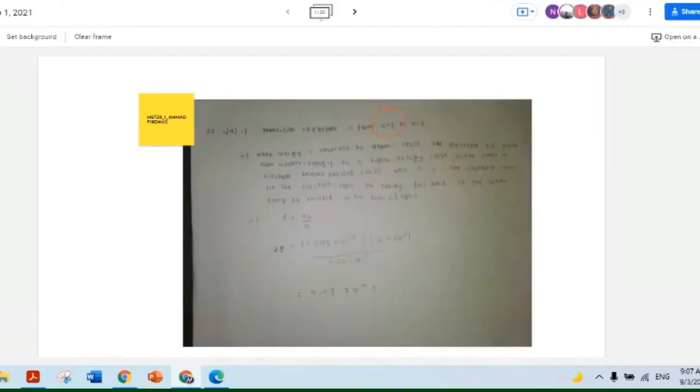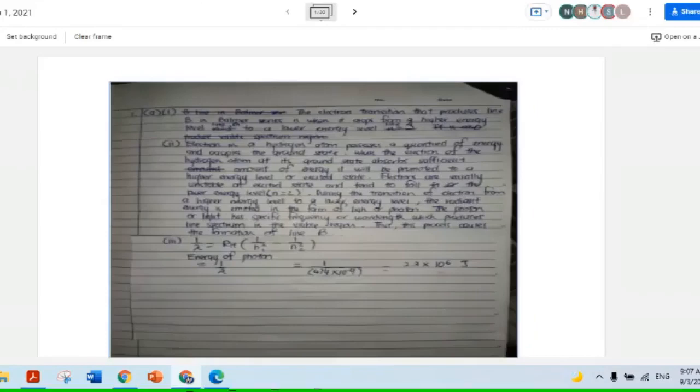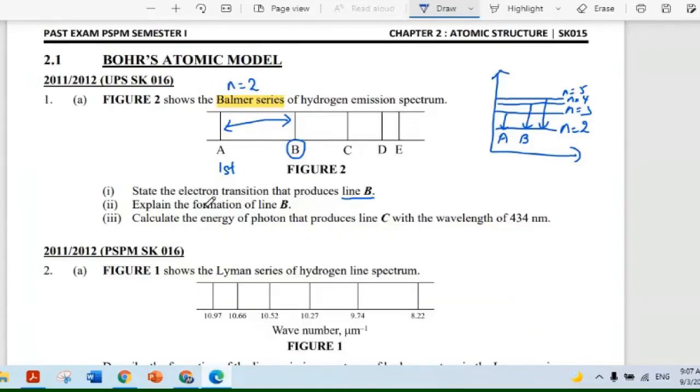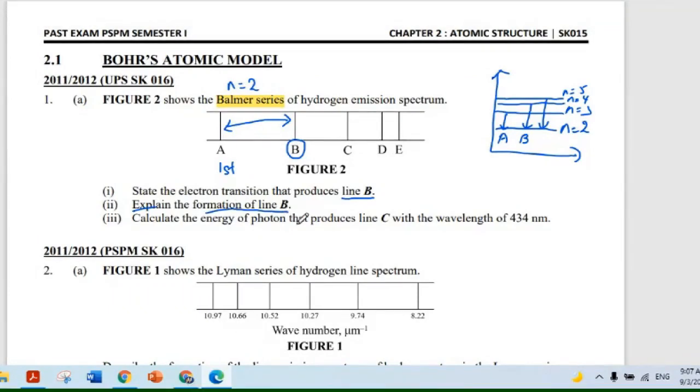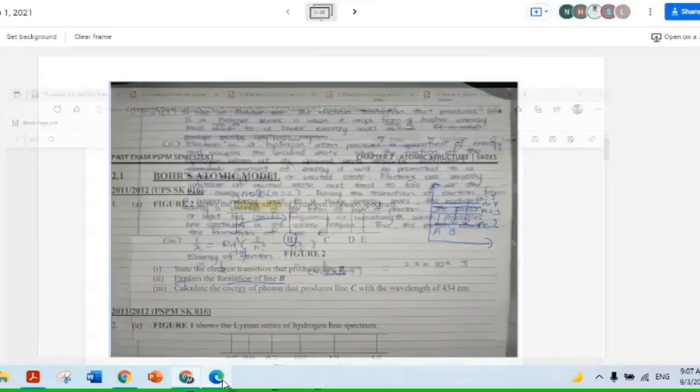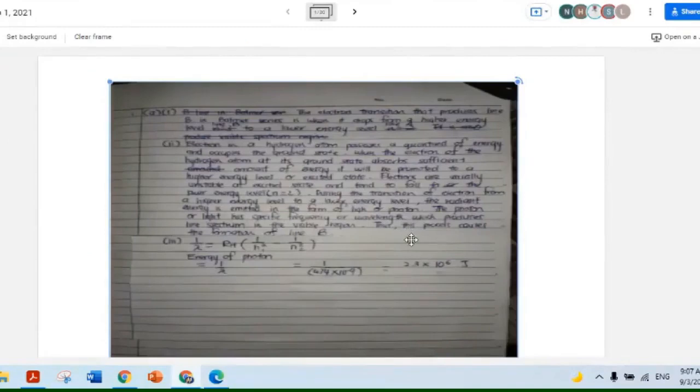Okay. Question number 2. Okay, Alvin, you answer. Explain the formation of line B. How to explain? What is the key point to explain this question? Need to explain how the electron goes from a higher energy level to a lower energy level.